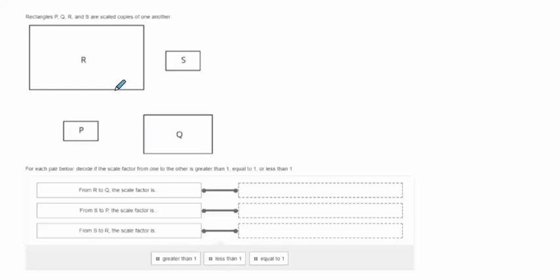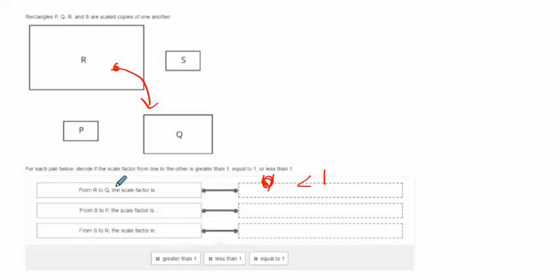All right, so these are all scaled copies. We need to look to see what the scale factor would be. Would it be greater than 1, equal to 1, or less than 1? If we're going from R to Cube, it got smaller, so that means it has to be a fraction, less than 1.